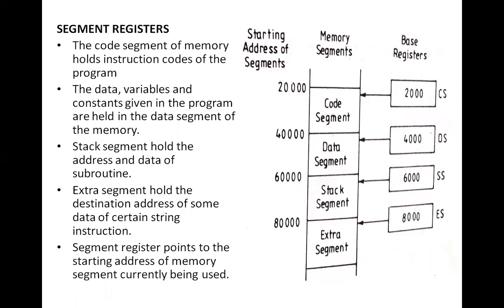By doing the segmentation of the memory, we have many advantages, and that is why we do the segmentation of the memory. As I told you in the previous one, 8086 can work in a multi-programming fashion.